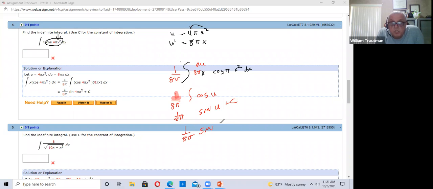It was 4 pi x squared. Something doesn't seem right. What did I miss? No, that's right. It's the same answer that they got there. So that's not too bad. Some people get confused because it's a little busy. What is a pi? It's just a number, just a constant in front of it.